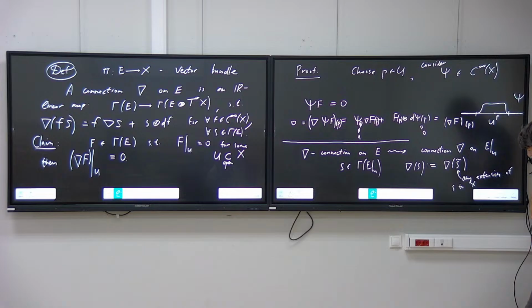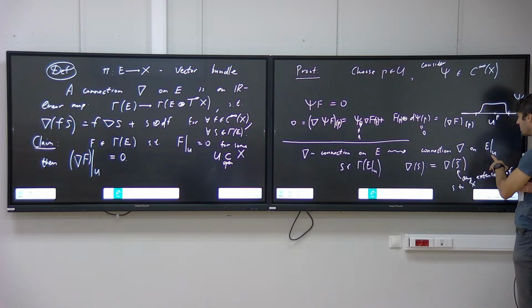Or we can just look at this statement as if the S tilde was already given. No, I really want any section in here. Well, you see, just by construction, any section here comes from a restriction. So there's actually no such problem.